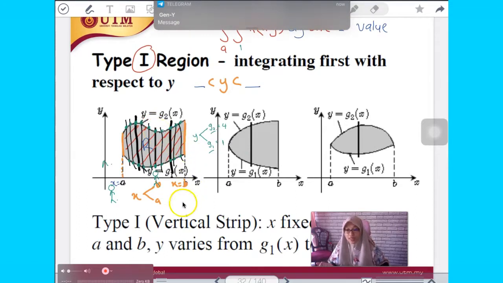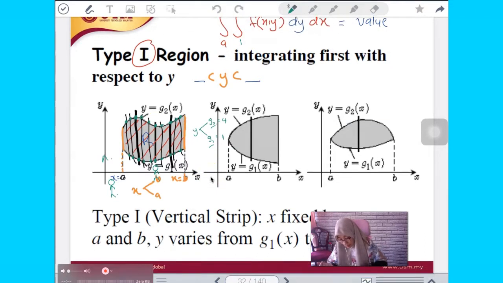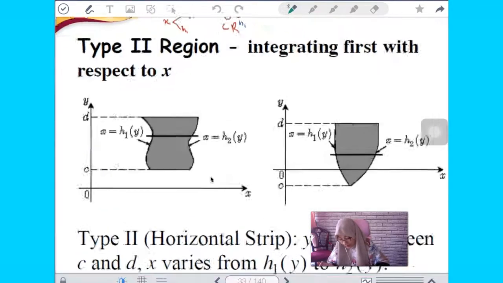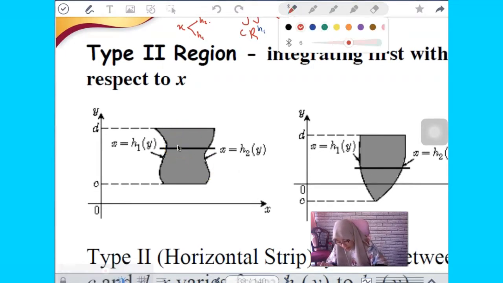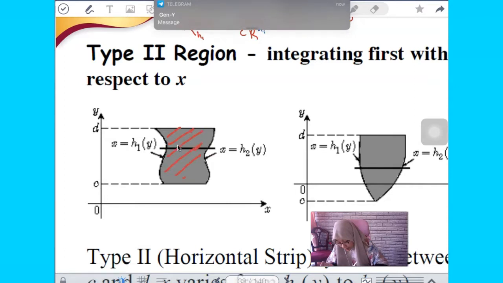Okay, and that is when x is constant. So now we look at what happens if you have y constant. Let's say we have another region. So I just look at this region. So your region is this one.